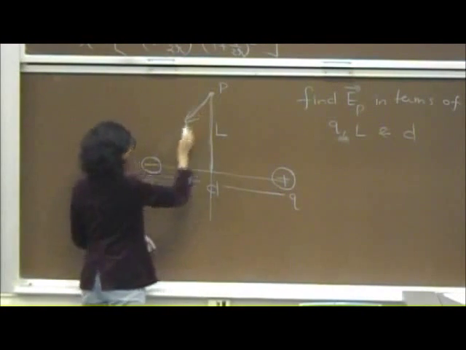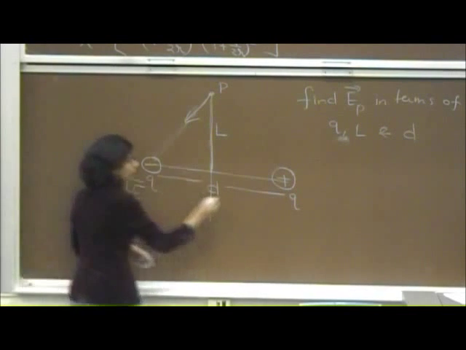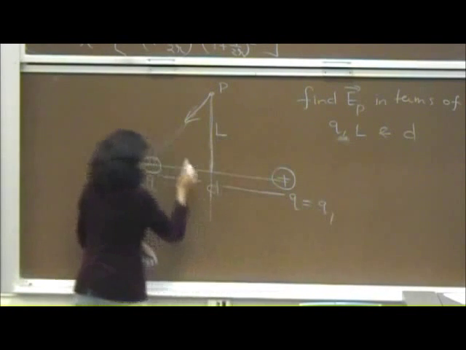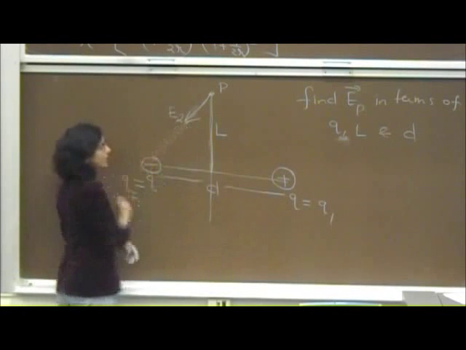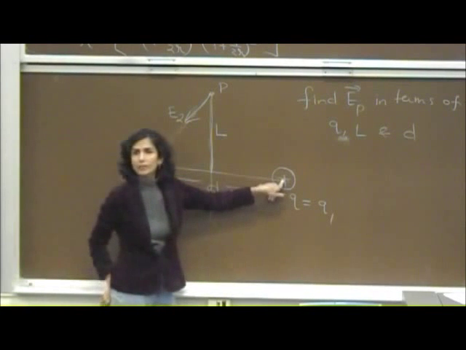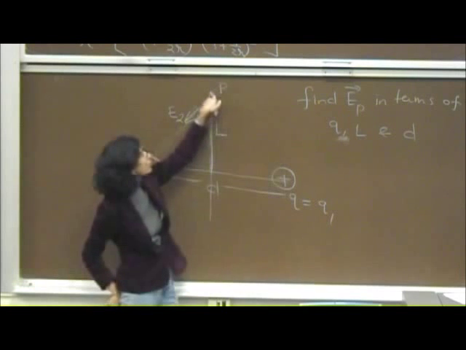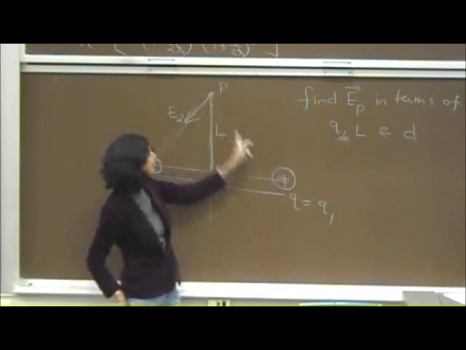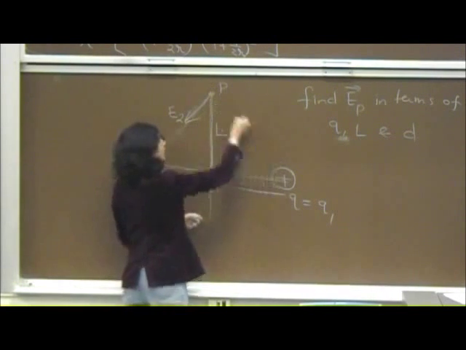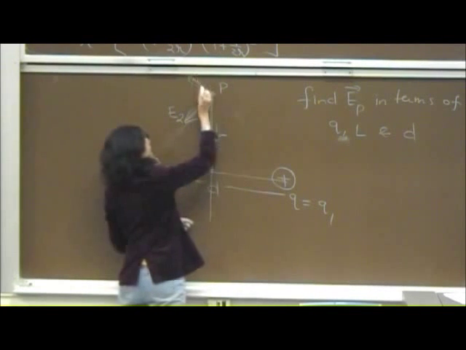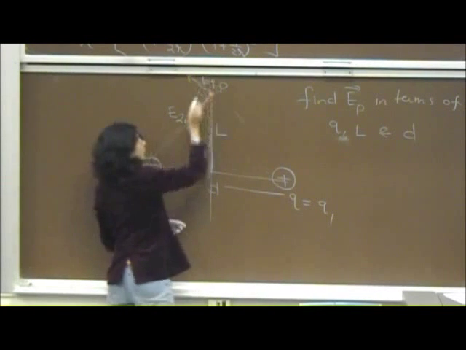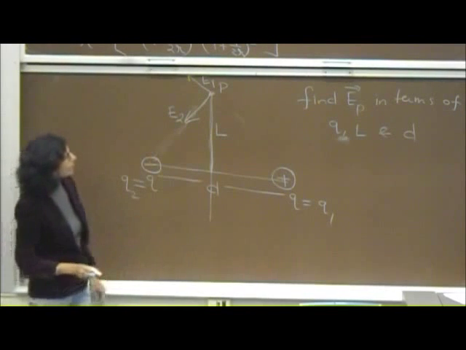So let's call it Q2, and let's call the other one Q1. So E2 is going to be like this. E1 will be which way? If this is a positive charge, its influence at this point, the electric field, will be away from the positive charge, so it will be this way.